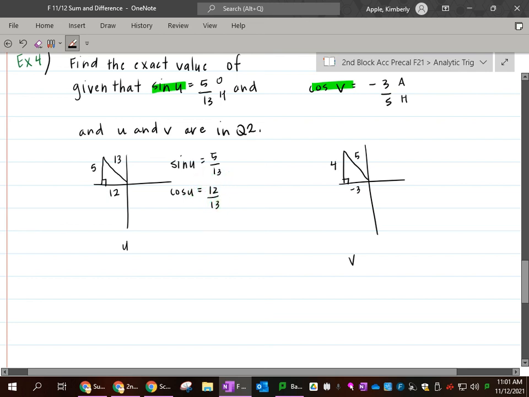That's A over H. And then the sine of V would be O over H, that's 4 over 5. And the cosine of V I already have. Now I have all the components I need for my formula.